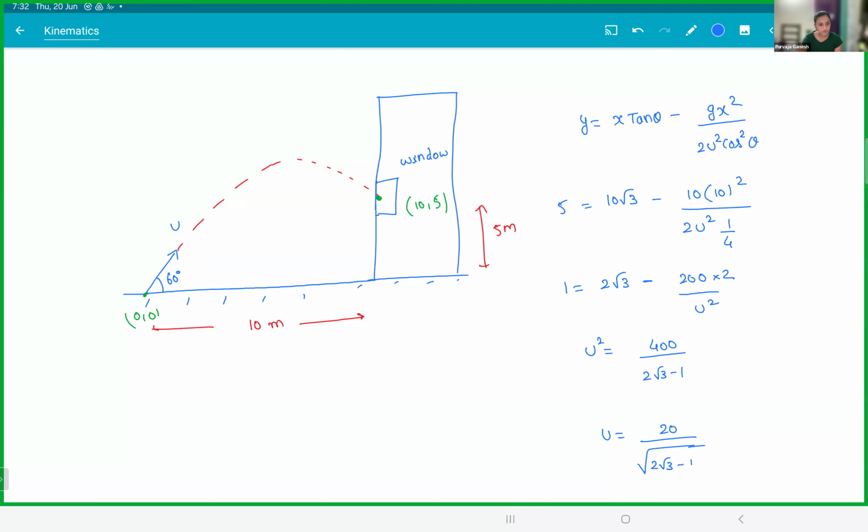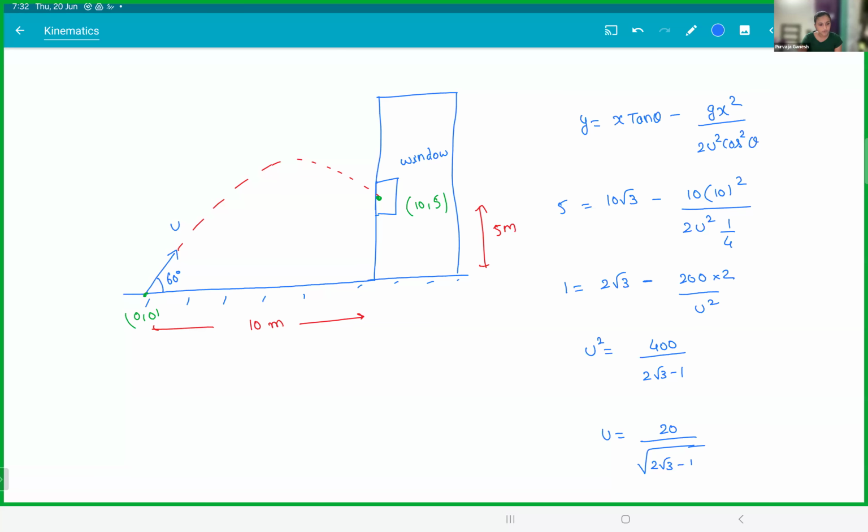So what is the vertical displacement? What is sy? Minus h. Be careful with that. And remember, the time is given by always only the vertical component. So we are using the equation sy is equal to uyt plus half ayt square. Nothing changes. Whenever you want time, the only thing that will help you is the vertical direction.